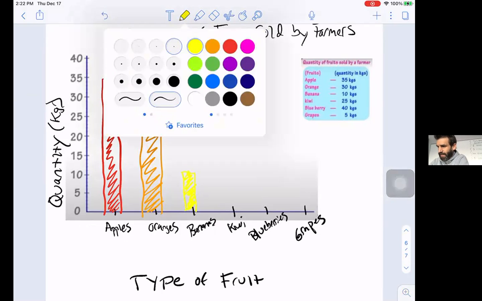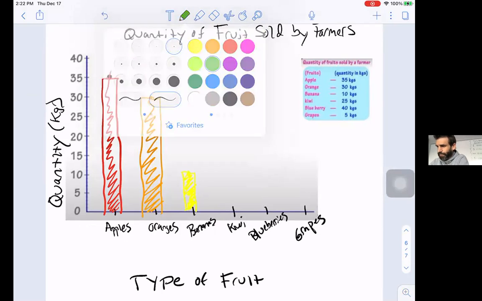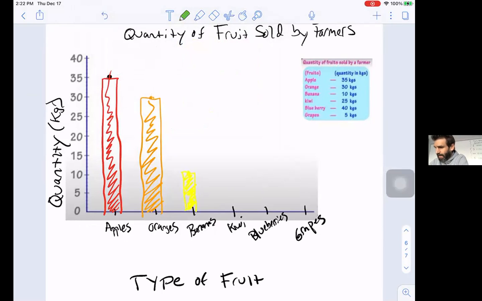And now let's take a look at our kiwis here. Where am I thinking? 25 kilograms of kiwis. So again, go up, find 25. Over to kiwis. Make a little dot right there. Ooh, I made that a little wide.